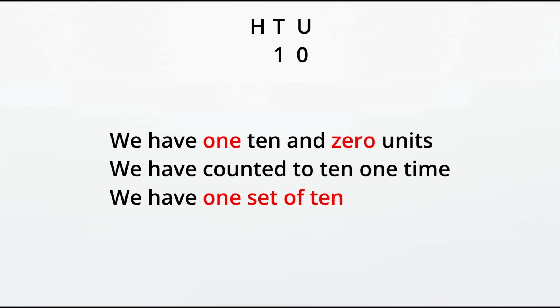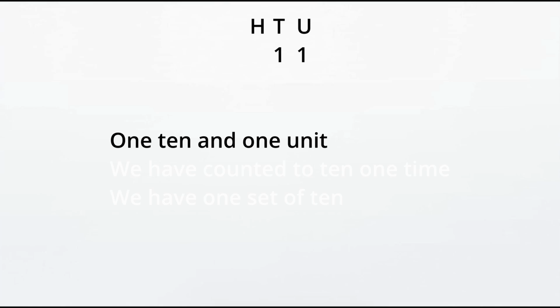From 10, which we can read as 110 and 0 units, we go on to 11, or 110 and 1 unit, then 12, or 110 and 2 units, 13, or 110 and 3 units, 110 and 4 units, or 14, 110 and 5 units, or 15, 110 and 6 units, 16, 110 and 7 units, 17, 110 and 8 units, 18, 110 and 9 units would be 19.